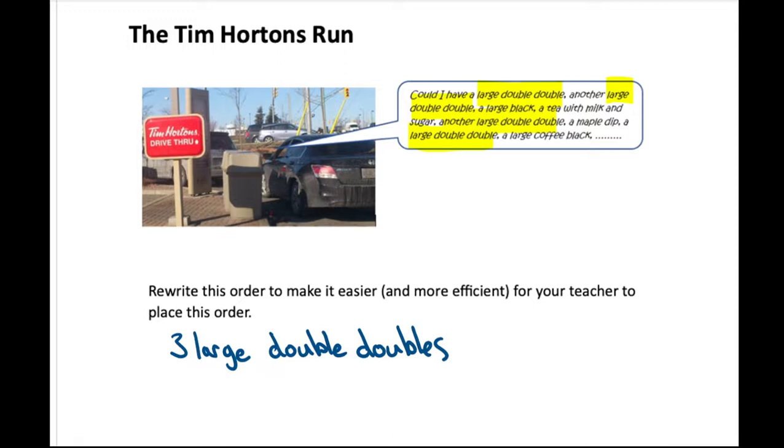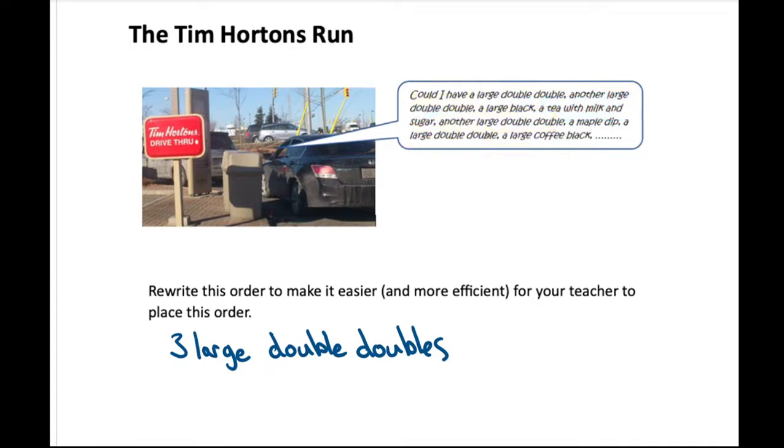If I go back and look, I have a tea with milk. So there's 2 things there. A large black coffee. I also have a large black coffee down here. I have a tea with milk and sugar. And then on its own, I have a maple dip donut.